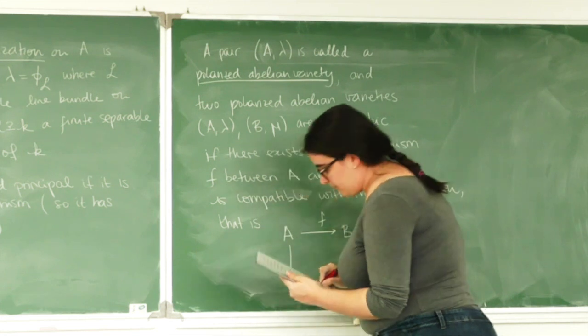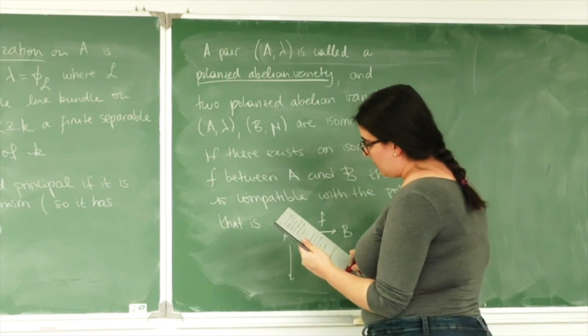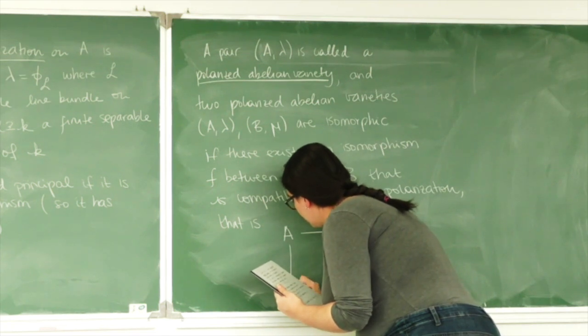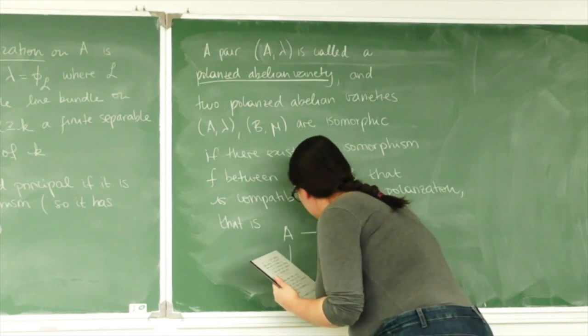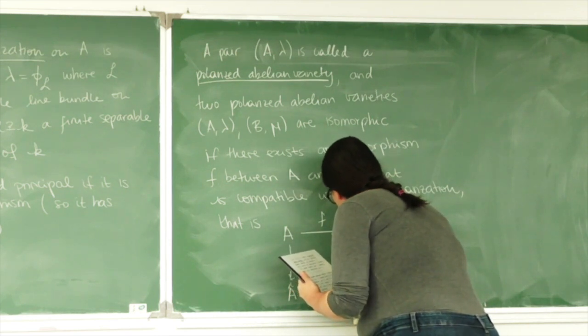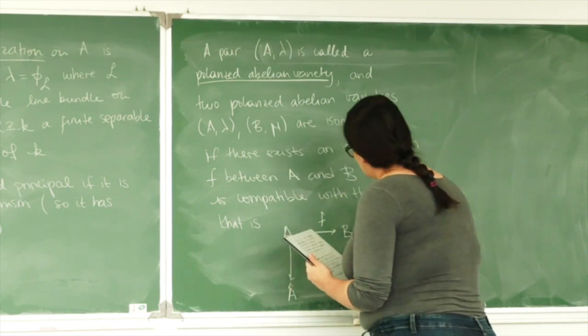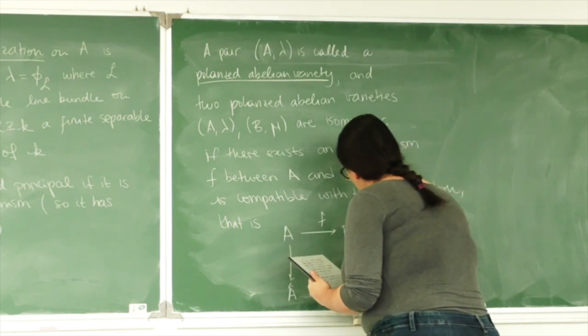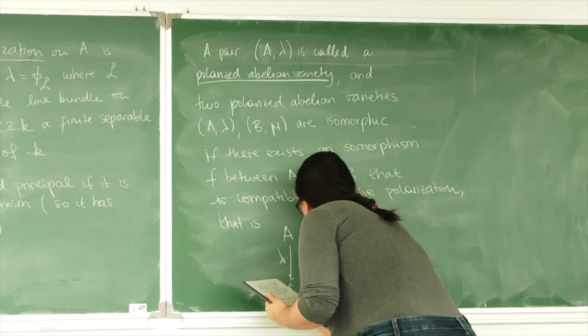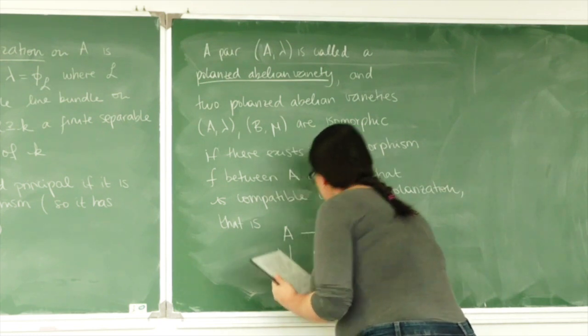Now here we go to A hat. Here we go to B hat. And this is the polarization of B. This is the polarization of A. And this is the dual homomorphism.